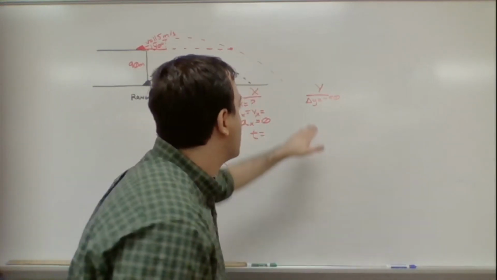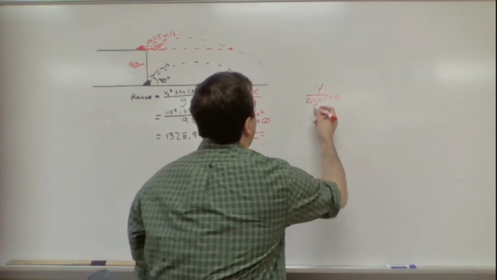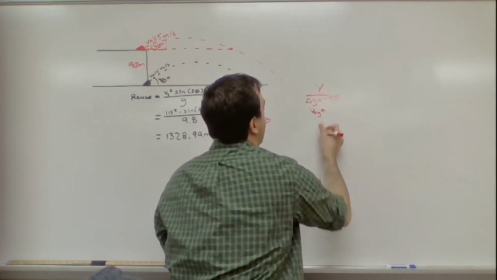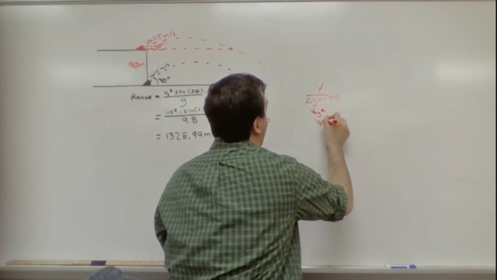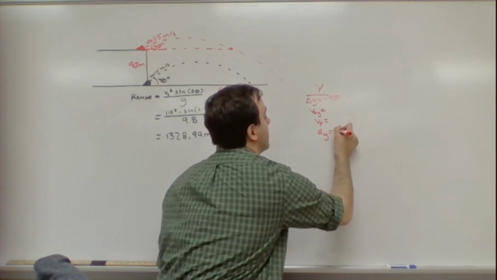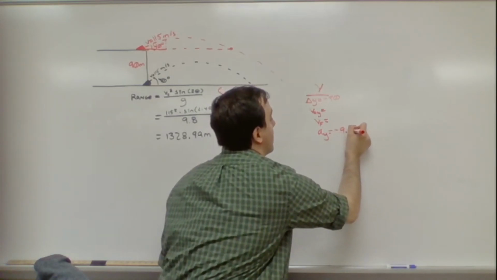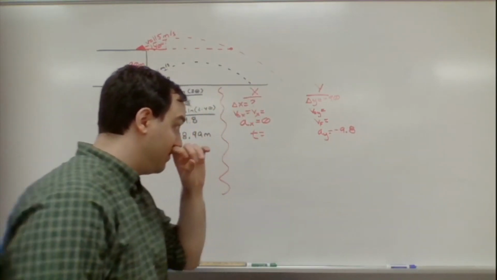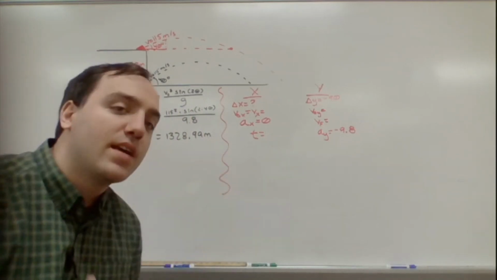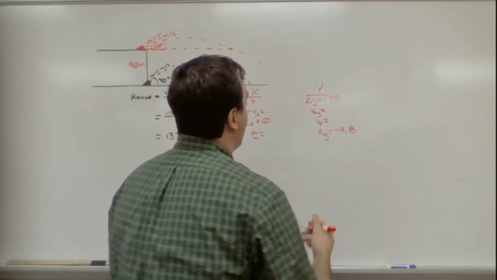Either way gives you your answer. Delta y equals negative 90. V initial y, we'll have to get from the cannon. The final y, we will also have to get somewhere else. Acceleration in the y direction, however, is negative 9.8. It's always 9.8. We're saying down is negative, so negative 9.8.